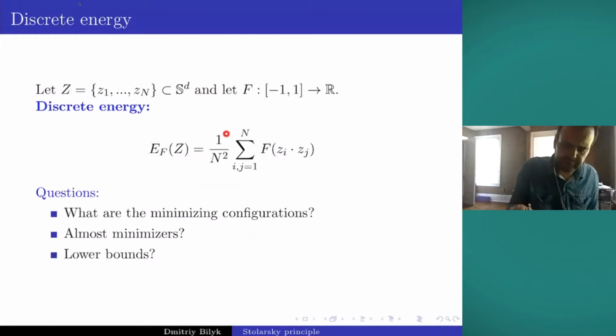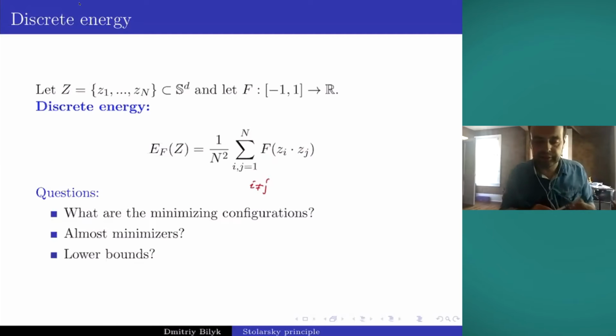And notice that for my purposes here, I normalize it. And if the function f is nice, if it's non-singular, then you can take all terms. If it's singular, you would usually have to exclude i and j, but in many examples, this will be a non-singular function. So if you're interested in the regular questions, what are the minimizing configurations? Even if you don't find the minimizers, which configurations are good? Can you get some lower bounds? And so on.